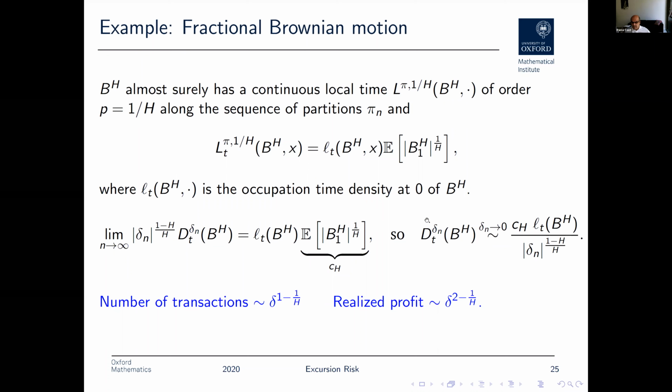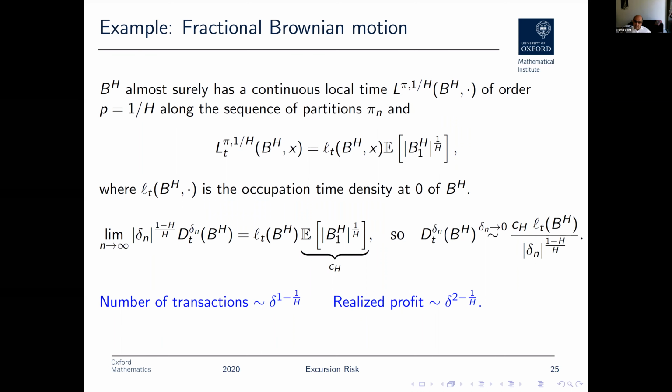So it means that the number of level crossings, or the number of transactions when your signal is fractional Brownian motion, will behave like a constant, which you know exactly, divided by delta to the (1 minus h) over h.